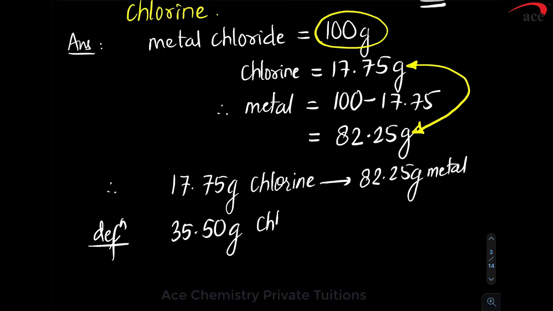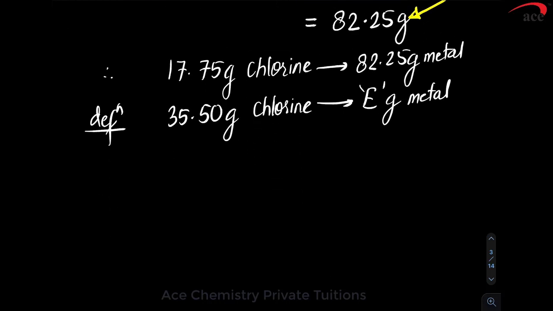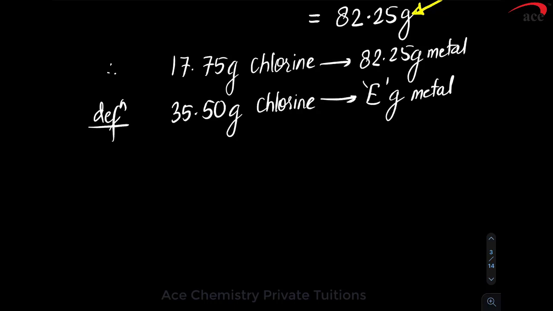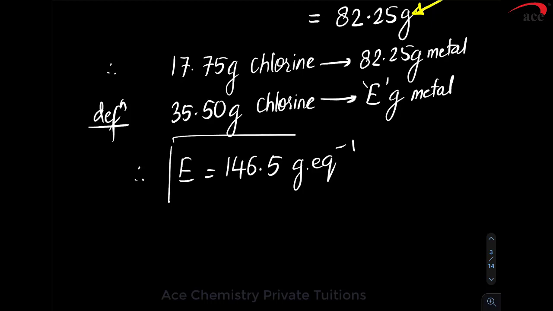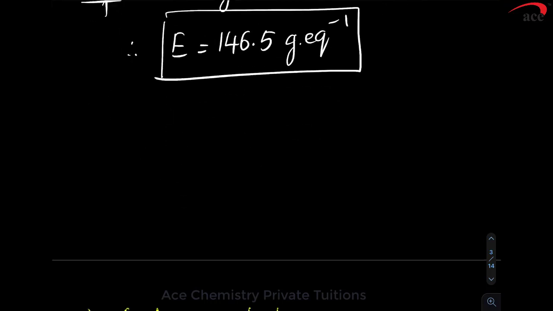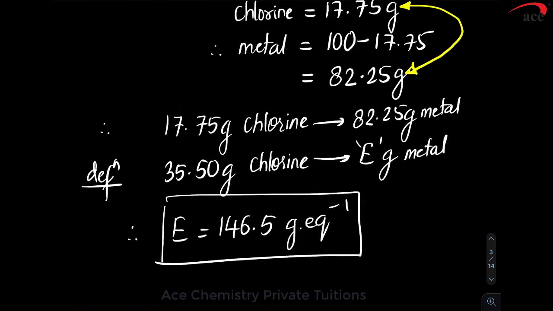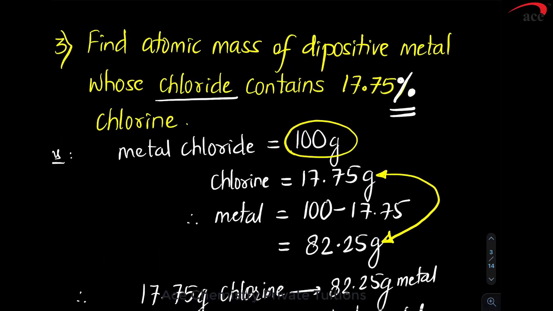Now by definition we know 35.5 gram of chlorine combines with E gram of metal, where E stands for equivalent mass. What do we do? We cross multiply, and from this cross multiplication the E value will be 146.5 gram per equivalent.